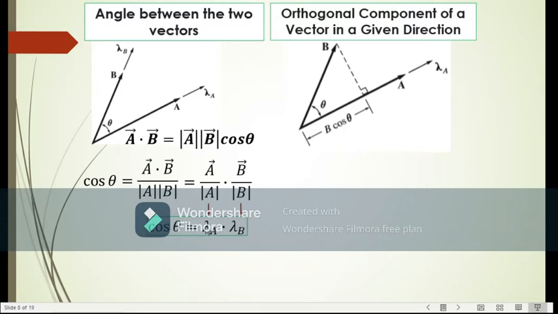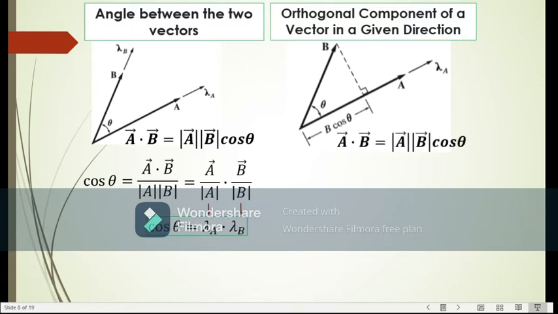So this lambda is the unit vector of A. So cosine theta is equal to lambda A dot lambda B, or unit vector A dot unit vector B. So when we say unit vector or lambda, we are referring to the vector A divided by the magnitude of A.